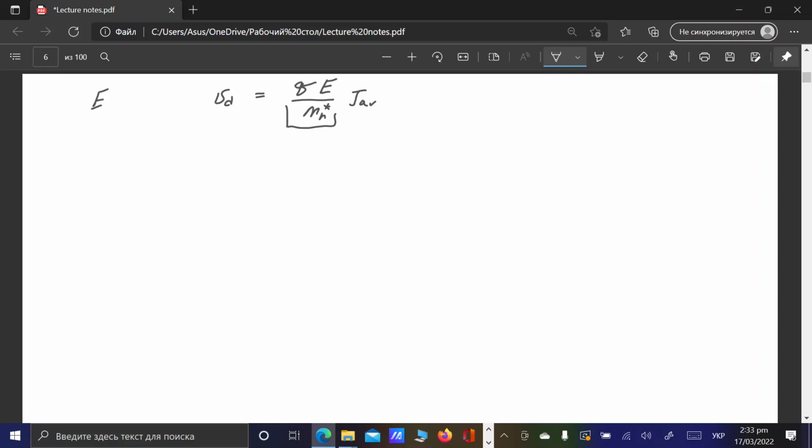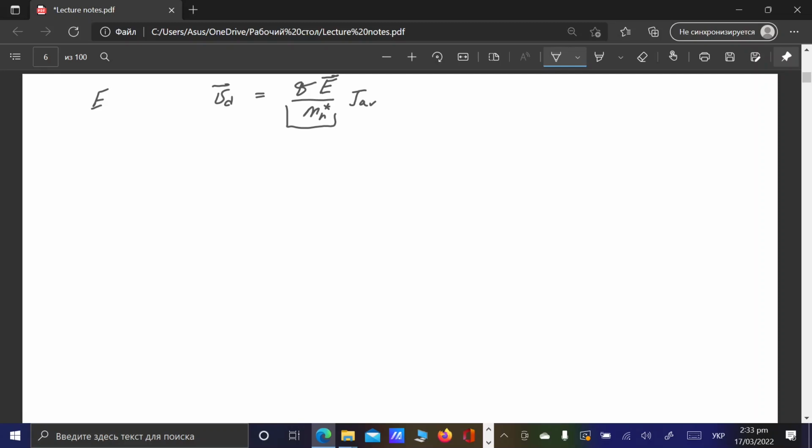So during this time it can accelerate, because this term stands for acceleration. It's force divided by mass, so it stands for acceleration according to Newton's second law of motion, and then we get the drift velocity Vd, in vector form, whose direction will coincide with the direction of the internal electric field in the semiconductor.